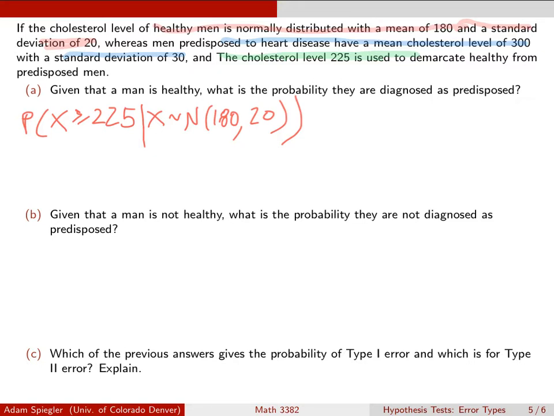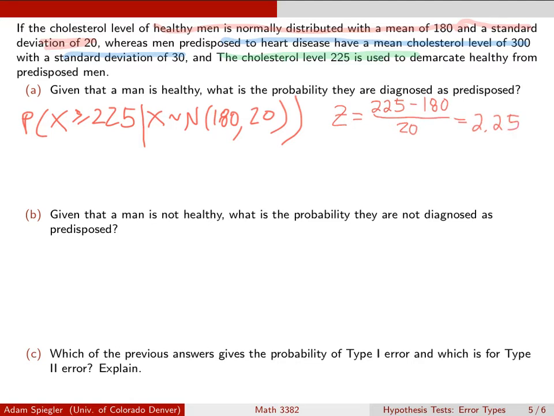To calculate this, we could calculate the z-score of that value by taking the cutoff, 225, subtracting the mean, 180, and then standardizing by dividing by 20. That gives us a z-score under this assumed population of 2.25.